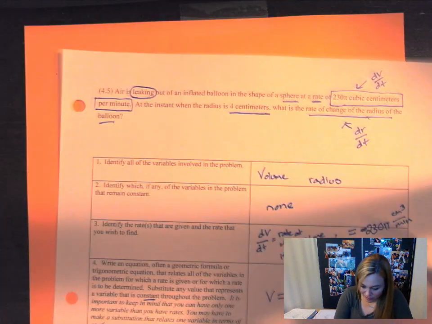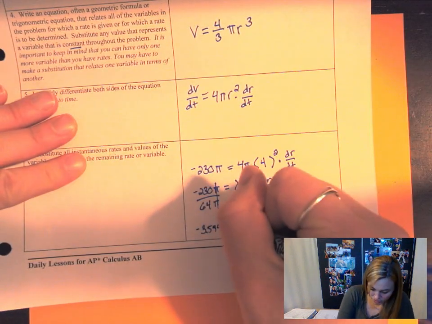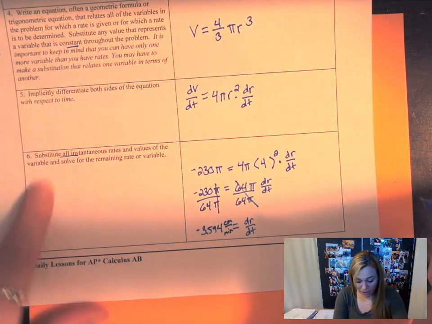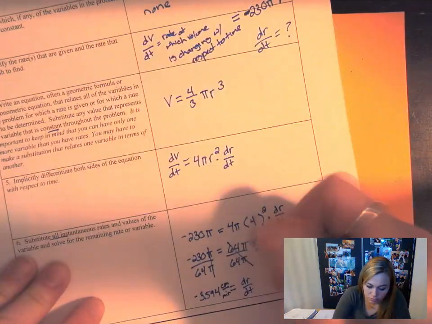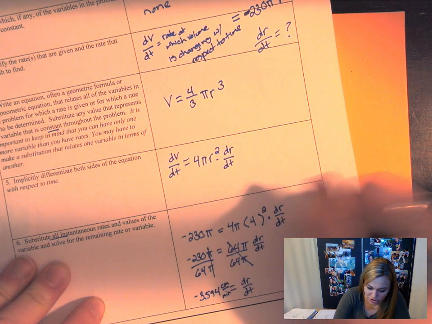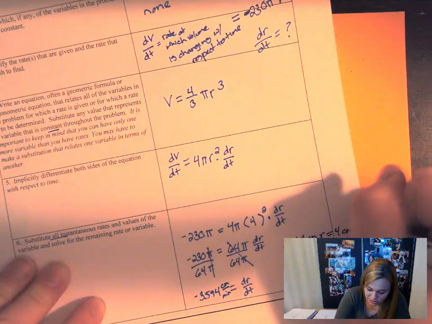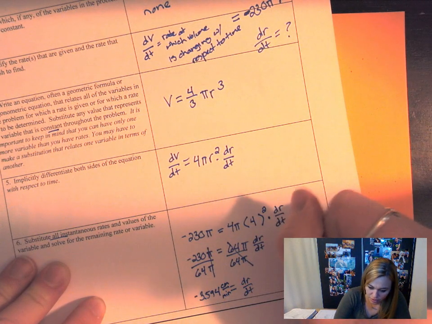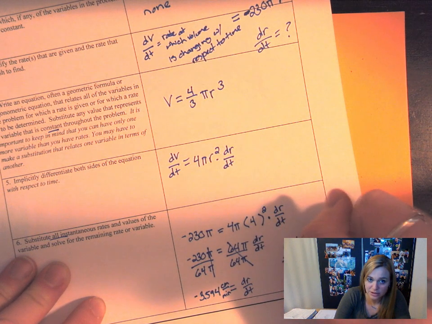Time was given in minutes. So the question said when the radius equals 4 centimeters, so I'm looking up at the original problem, that's where I was getting this from.